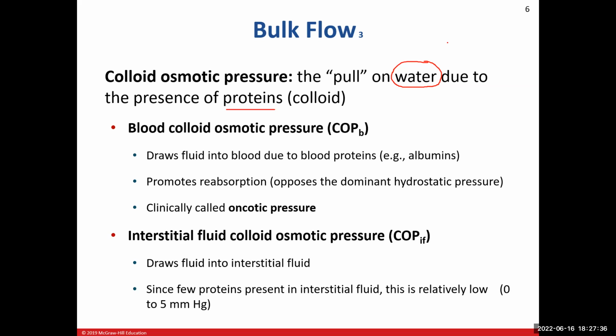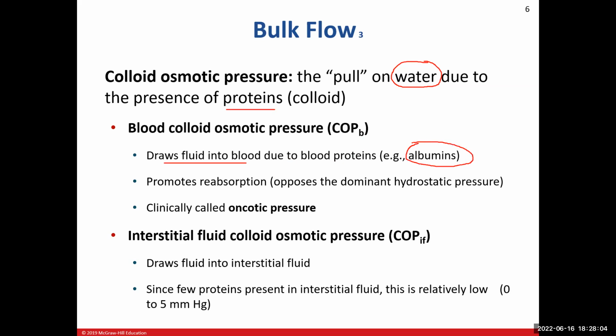So when we talk about the blood colloid osmotic pressure, right, that's just telling us that you have these proteins in your blood. And so they have this pulling attractive force. And so they're going to try to pull water into the blood. Okay, so they're going to try to draw fluid into the blood because of those proteins. Albumins are a huge classification of proteins that do that.